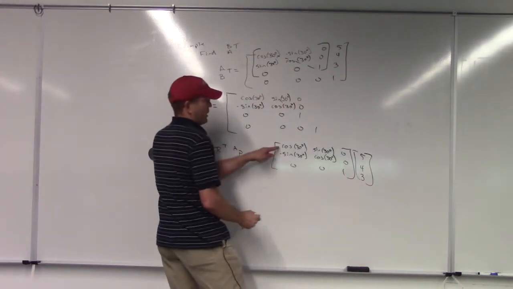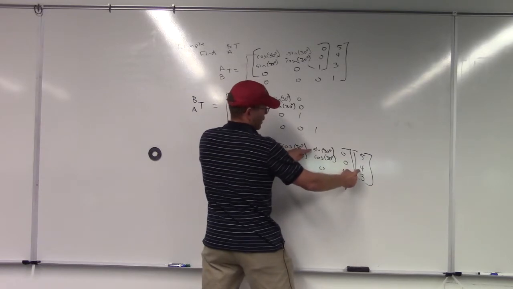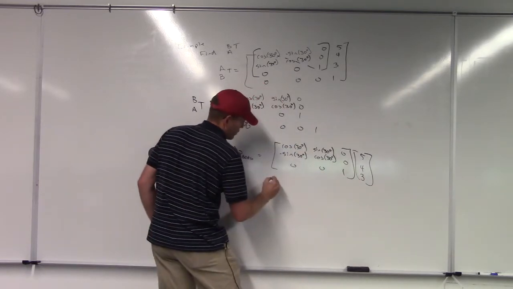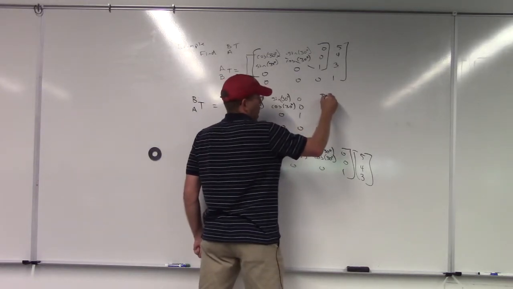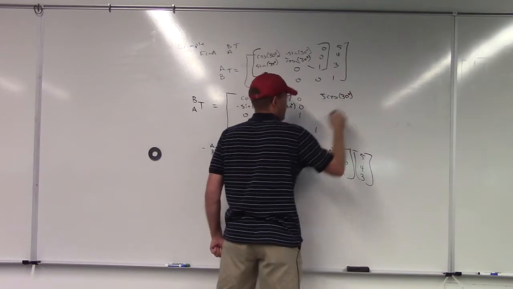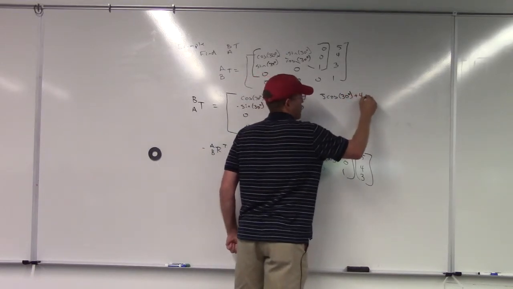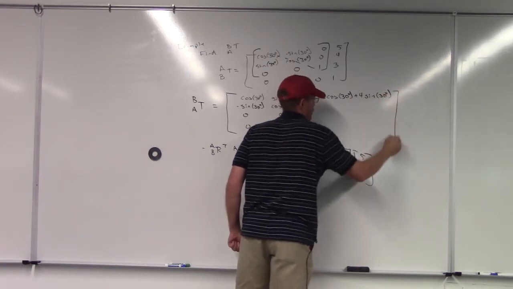And when we do so, we see that we have 5 cosine of 30 plus 4 sine of 30 plus 0. Well, I can pencil it in up here: 5 times the cosine of 30 degrees plus 4 times the sine of 30 degrees.